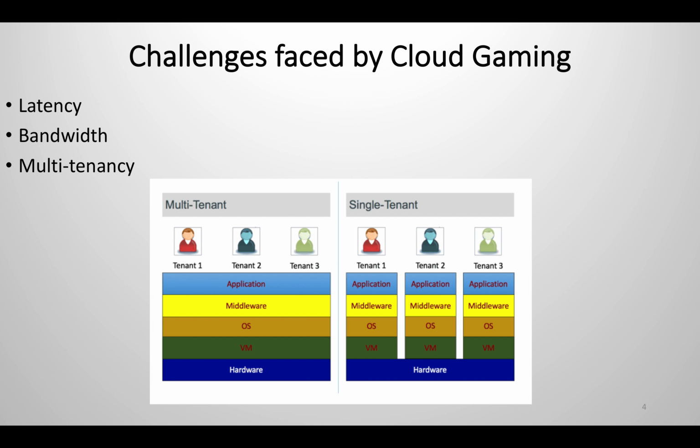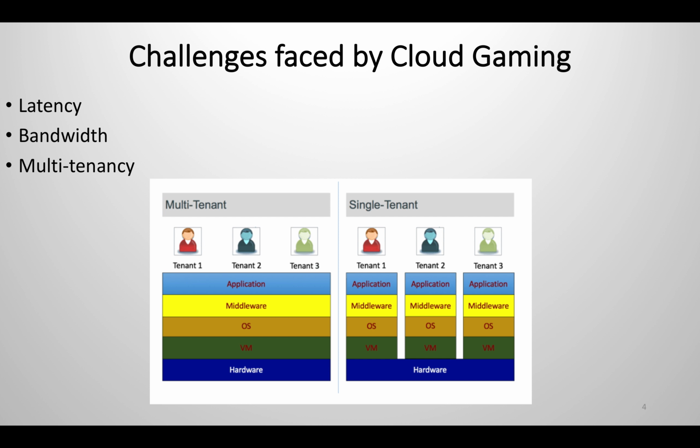And there are several challenges faced by cloud gaming, it being latency, bandwidth, and multi tenancy. Now, latency is the delay between a client request and a cloud service provider's response. Bandwidth is the amount of data which can be transmitted in a fixed amount of time. And multi tenancy is an architecture in which a single instance of a software application will serve multiple customers, as you can see in the diagram.